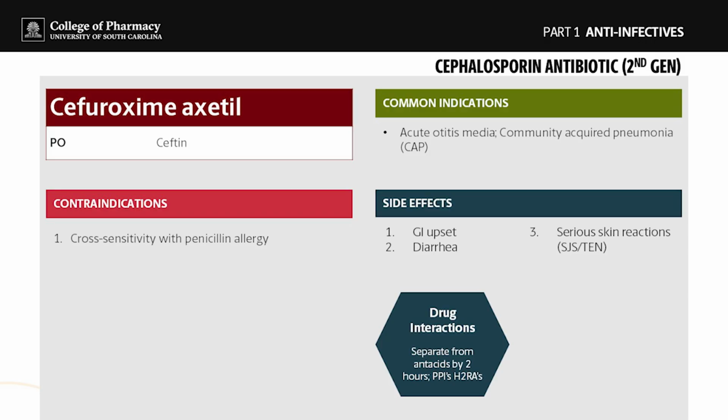Okay, and some of the indications of the cefuroxime would be acute otitis media and maybe community-acquired pneumonia. And there again, we have the same side effects that we did with our first generation cephalosporin: GI upset or stomach upset, diarrhea, and serious skin reactions. And we still have that cross-sensitivity with penicillin potentially.